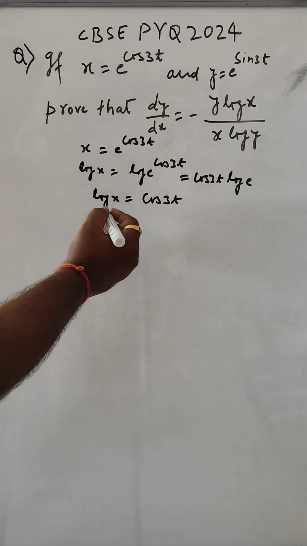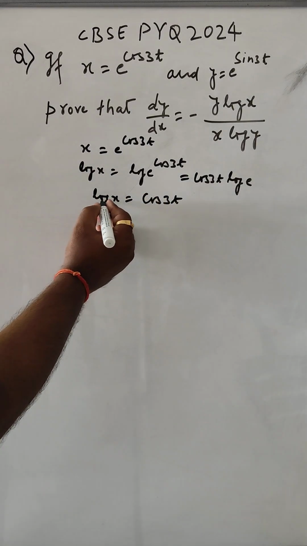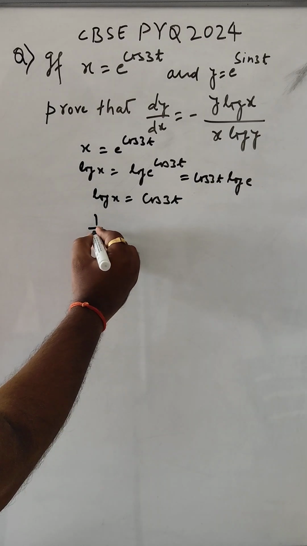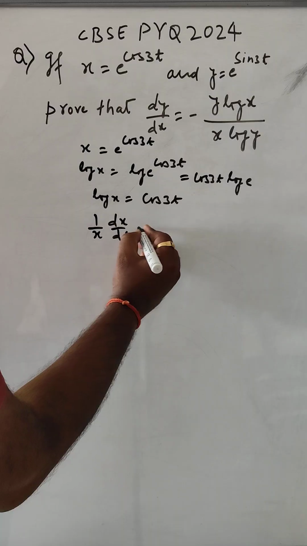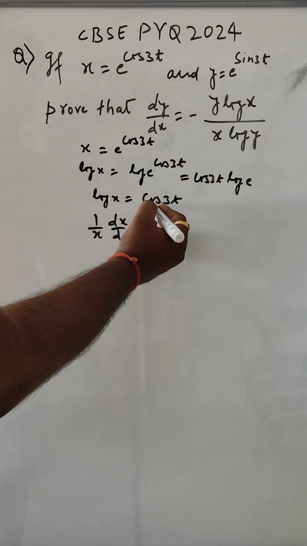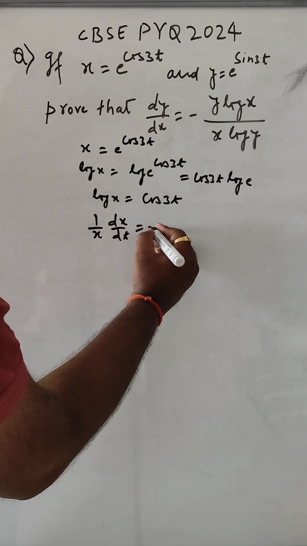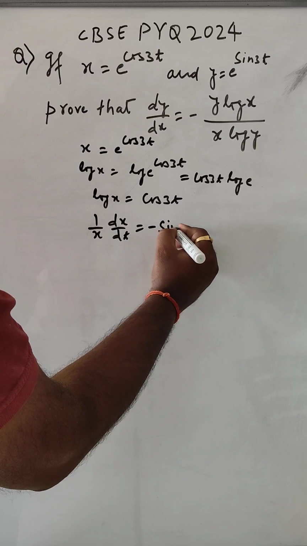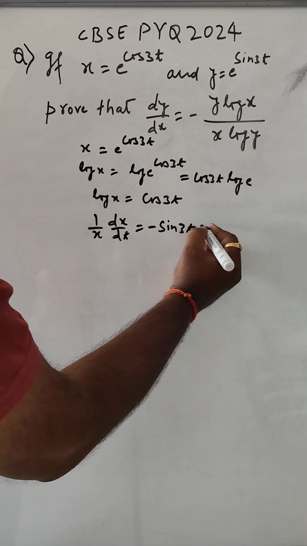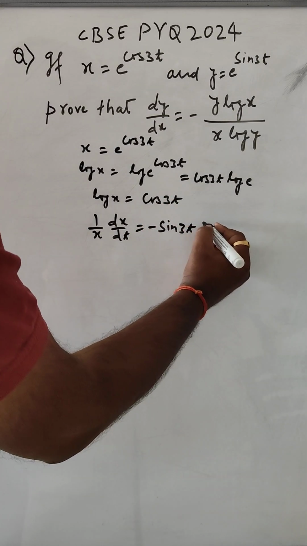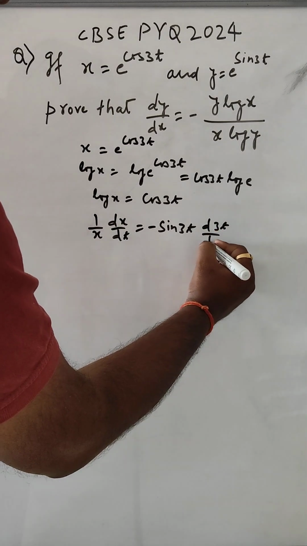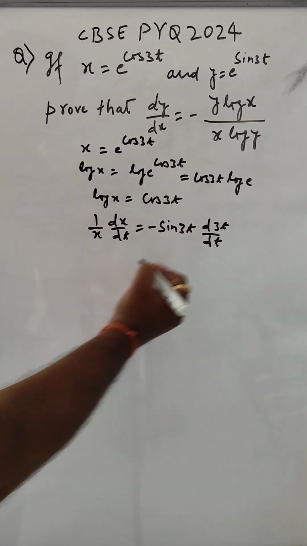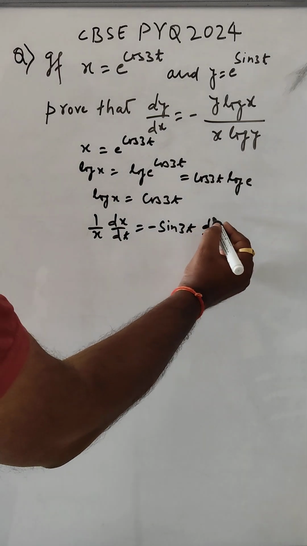Now we will differentiate with respect to t. So log x will be 1 by x dx by dt. And here, the differentiation of cos is minus sine, so minus sin 3t, and the differentiation of 3t is 3.